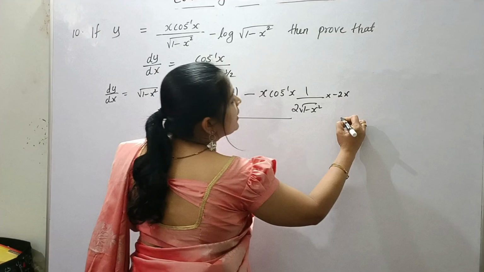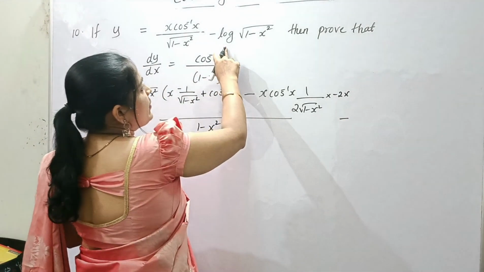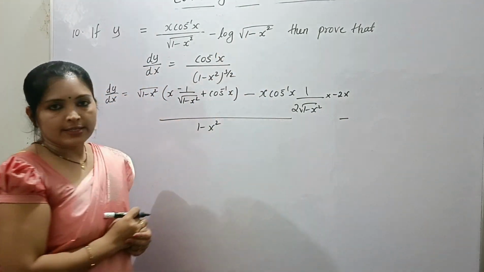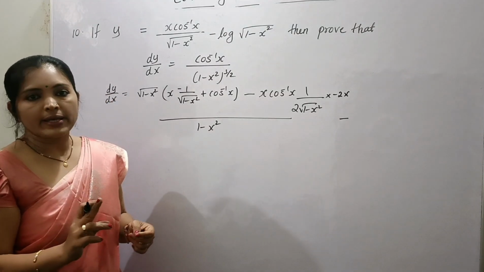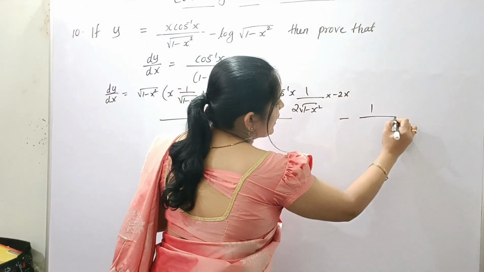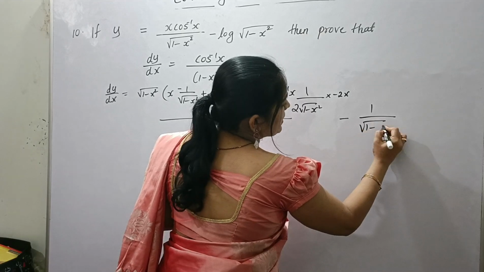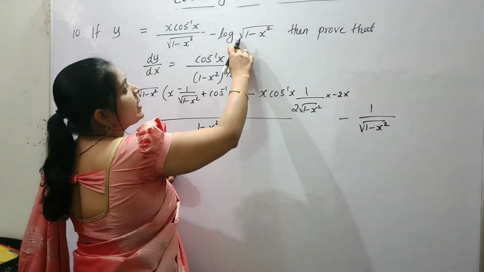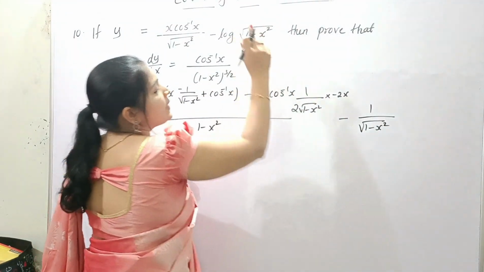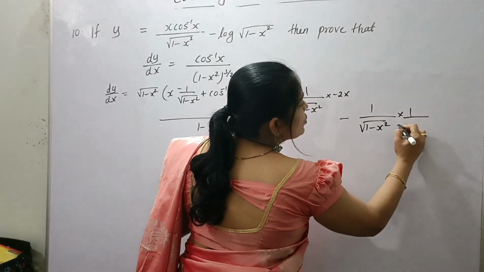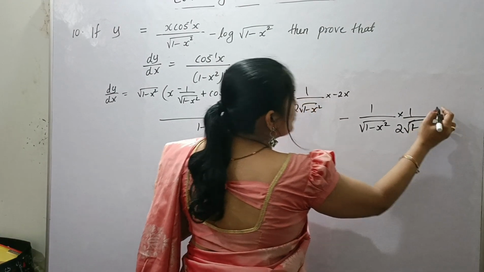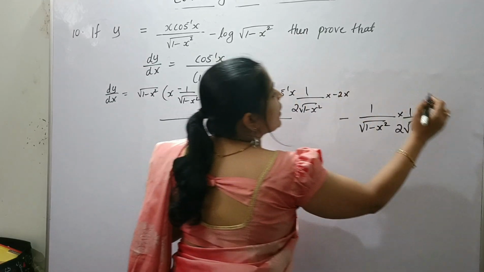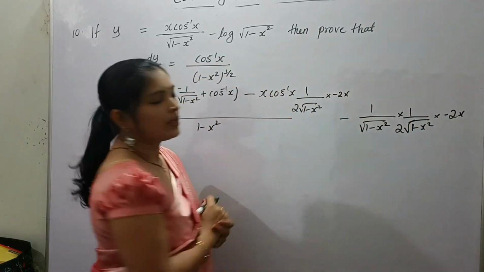Next, derivative of second term. Derivative of log root 1 minus x square. Here derivative of log x is 1 by x. So 1 by root 1 minus x square. Then derivative of root x, that is 1 by 2 root x, 1 by 2 root 1 minus x square into derivative of 1 minus x square, minus 2x.